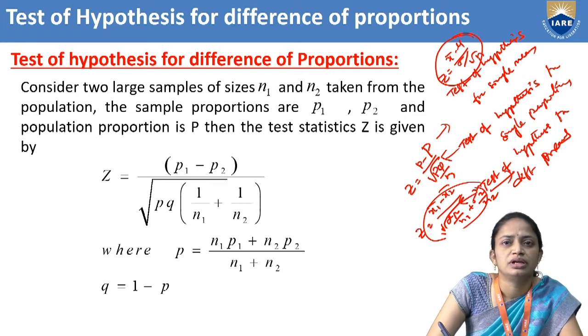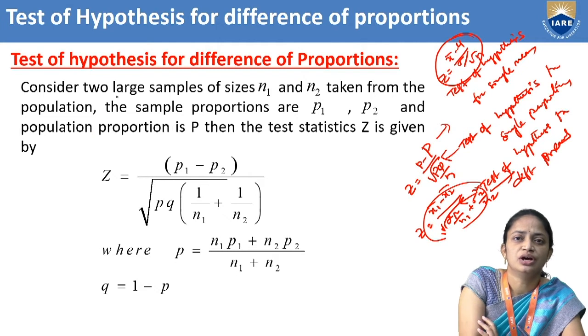Now, test of hypothesis for difference of proportions. Here also we are having two samples, that means two proportions. What is a large sample?